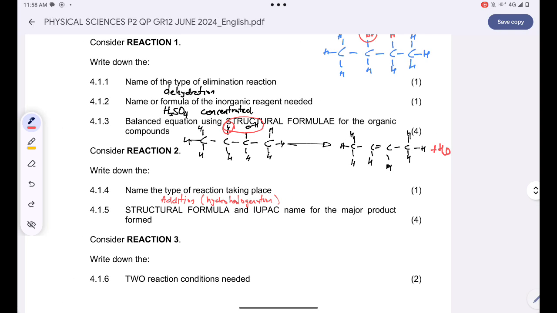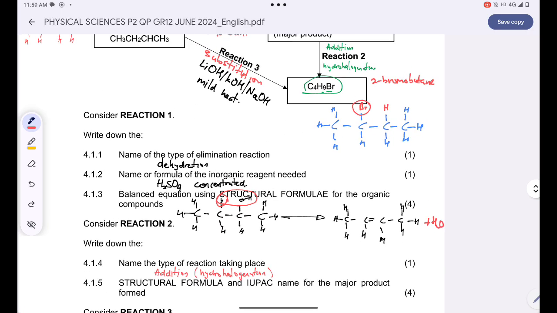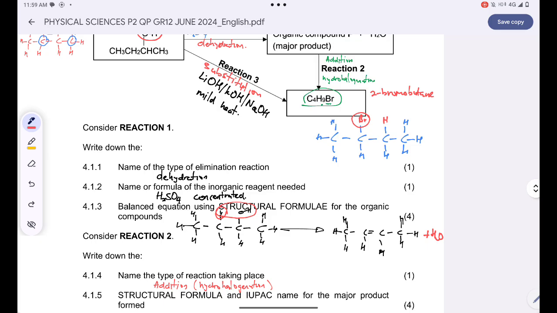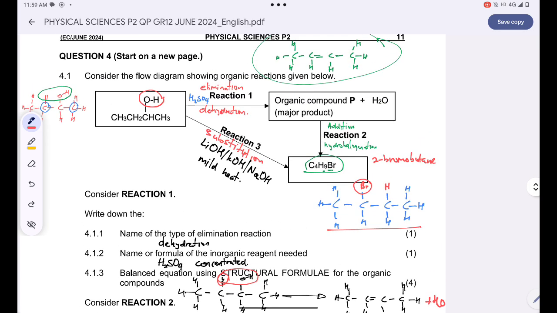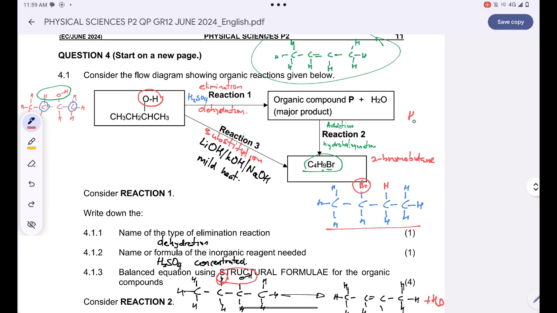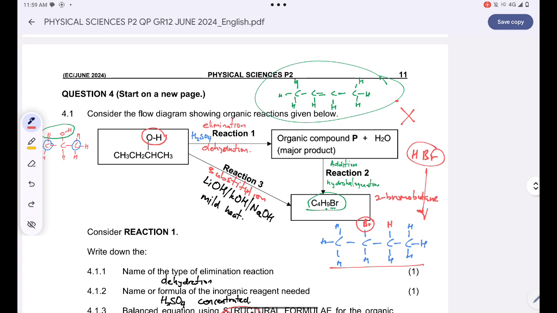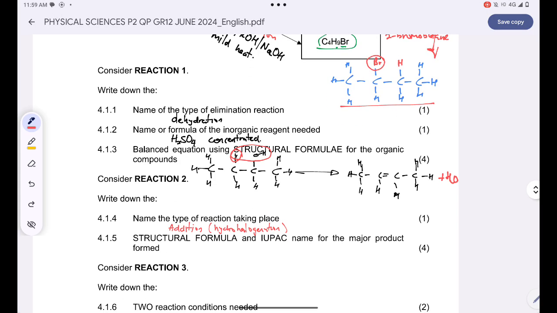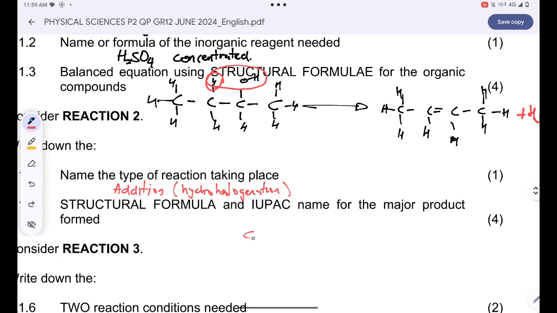Okay, now they want us to write down the structural formula and the IUPAC name of our major product. We did draw our major product already, guys. We said that you are adding hydrogen bromide over here for us to form that compound. We are taking this alkene plus hydrogen bromide to form our haloalkane. So for the structural formula, you can simply draw it like this, with your hydrogens over there.